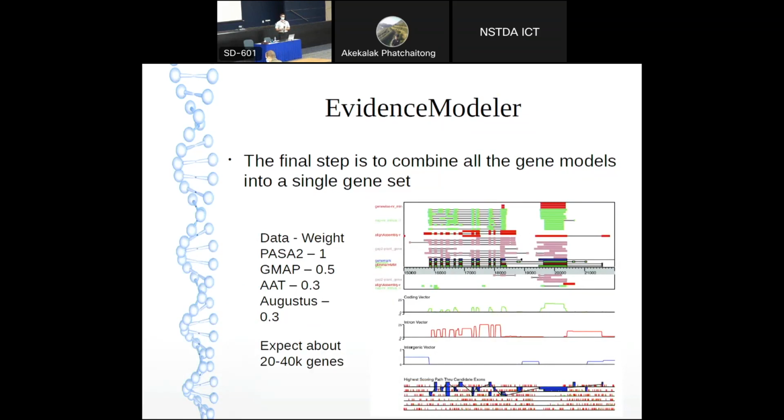So this is actual empirical evidence that we have that says that there's a gene there, followed by GMAP, which is the RNA-seq mapped against our genome, followed by AAT and Augustus equally, because these are just predictions. So we expect about 20 to 40,000 genes for your average species.